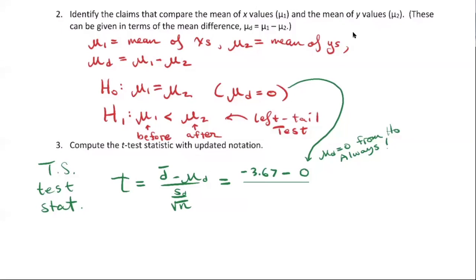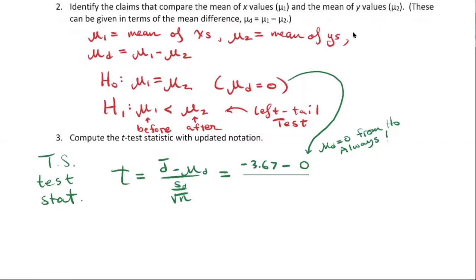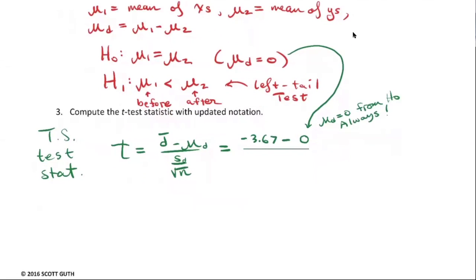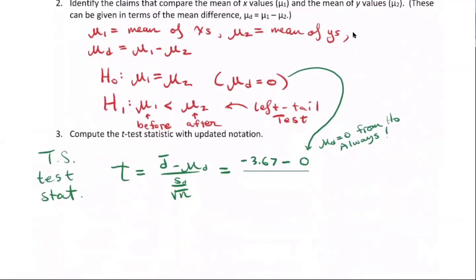Whenever we test differences, the null hypothesis is there's no difference between two populations on average. So if the null hypothesis says no difference, then the mean difference is 0. And you'll see that in 2 more hypothesis tests that are coming up. Anyway, the standard deviation was 3.5, and that's over the square root of n, which was 9.